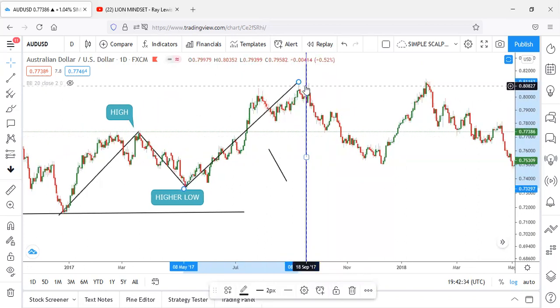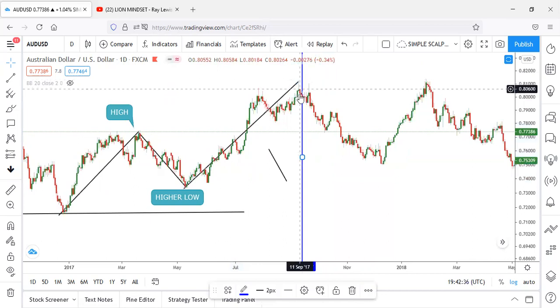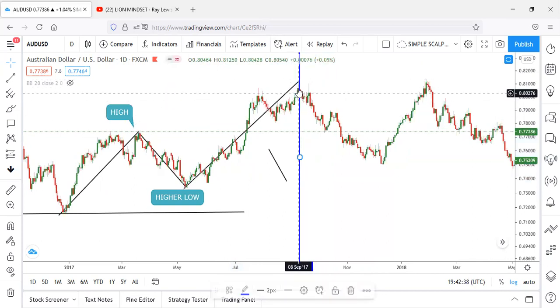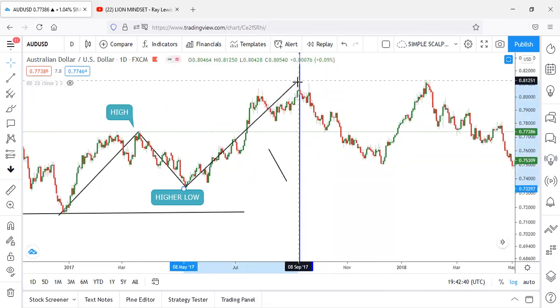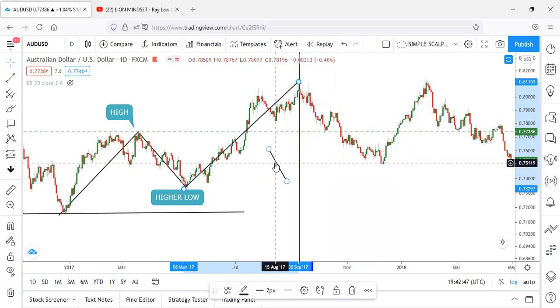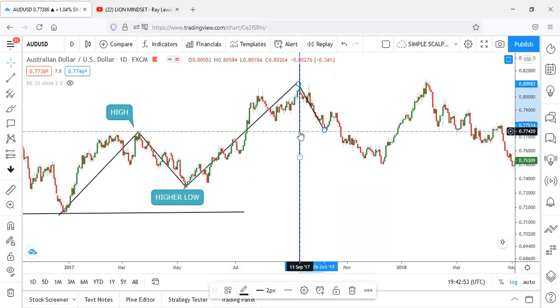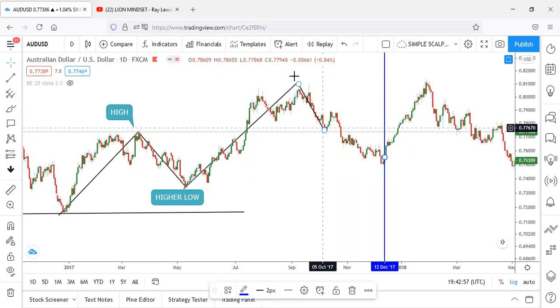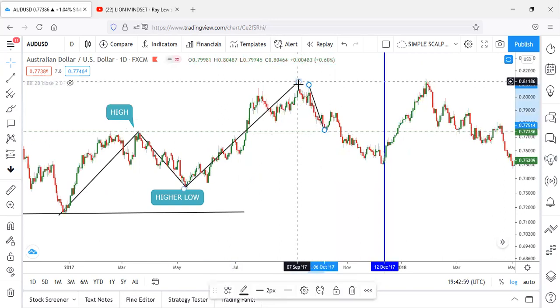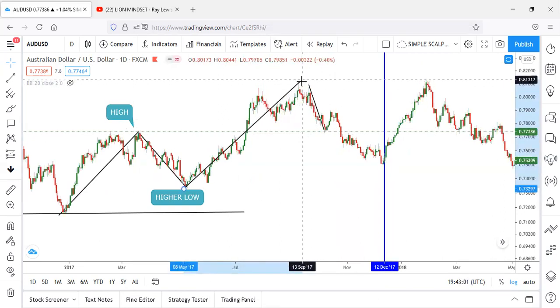So now, let's say this is where we have price right now. We cannot consider this area as the end of this move until we see a move coming down. I hope this is very clear, please. We cannot say this area right here is the end of this move.